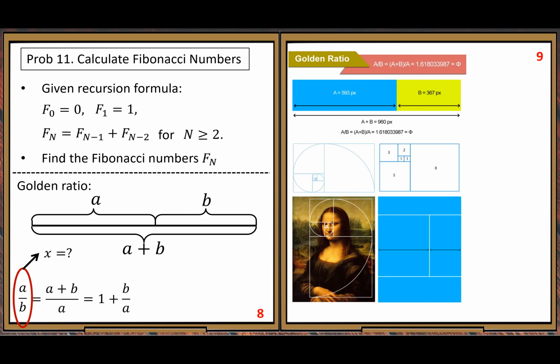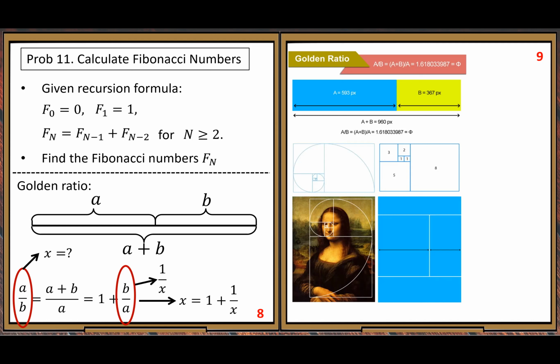So we can solve it here. Because we only need to solve the A over B ratio, we introduce X equals this ratio. Then X equals 1 plus 1 over X. So you get this equation: X equals 1 plus 1 over X.